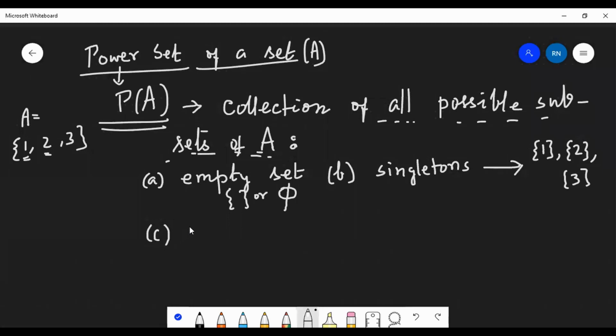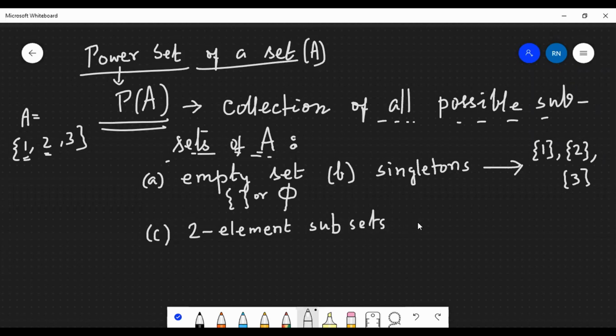Thirdly, collect all 2 element subsets. How is it possible to collect 2 element subsets? It means start making pairs. How many pairs can you make out of this 1, 2, 3?